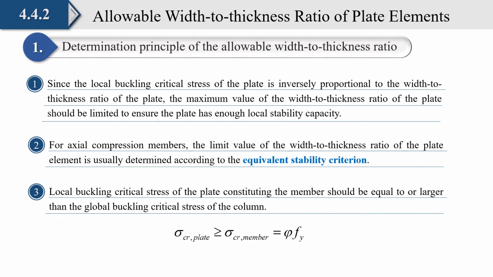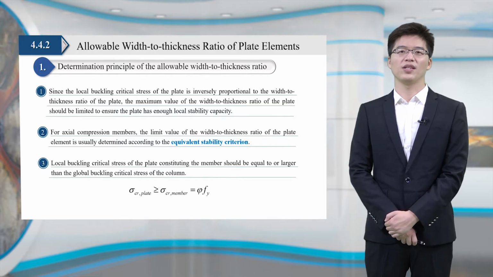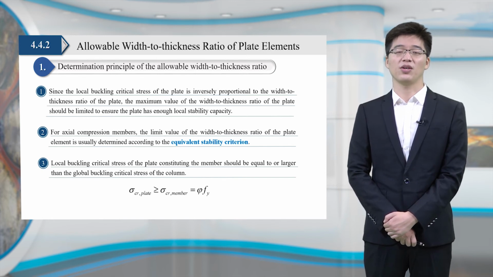Since the local buckling critical stress of the plate is inversely proportional to the width-to-thickness ratio of the plate, the maximum value of the width-to-thickness ratio of the plate should be limited to ensure the plate has enough local stability capacity. For axially loaded compression members, the limit value of the width-to-thickness ratio of the plate element is usually determined according to the equivalent stability criteria.